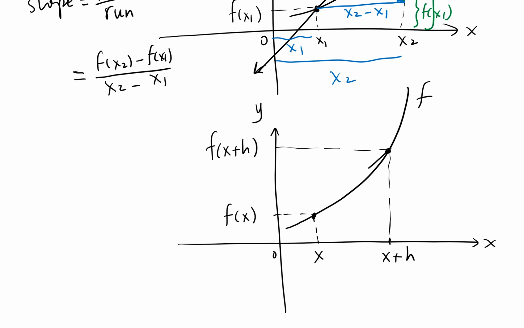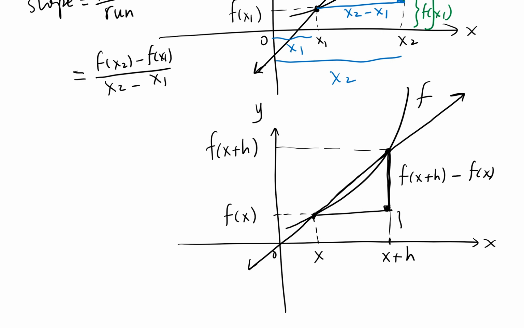So this is the secant line. If you draw a horizontal line like this, the vertical distance, the rise, is f of x plus h minus f of x, because this is f of x.